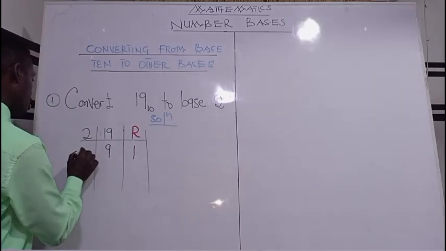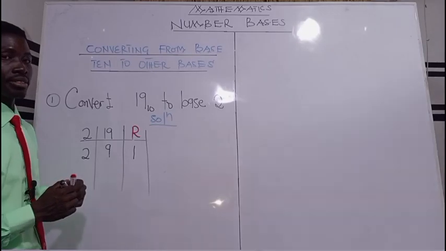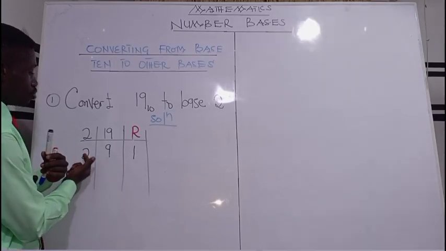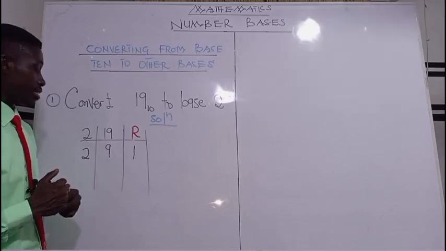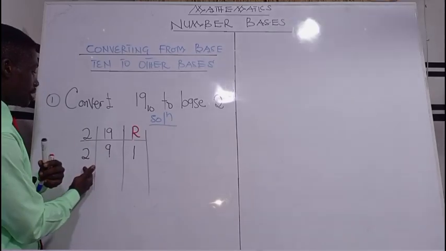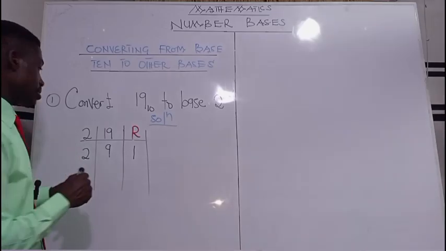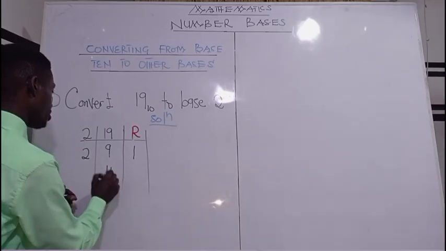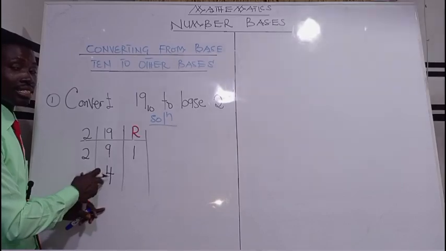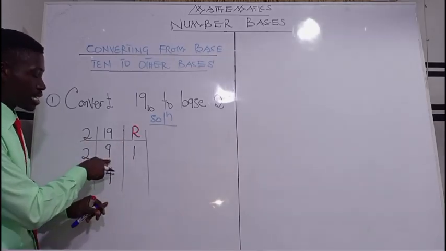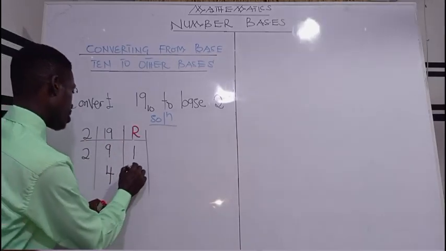Then we bring our 2 also down here. How many times will 2 go into 9? 4 times. So we write our 4 here. 2 times 4 will give us 8. 9 minus 8 gives a remainder of 1. So we write the remainder here.